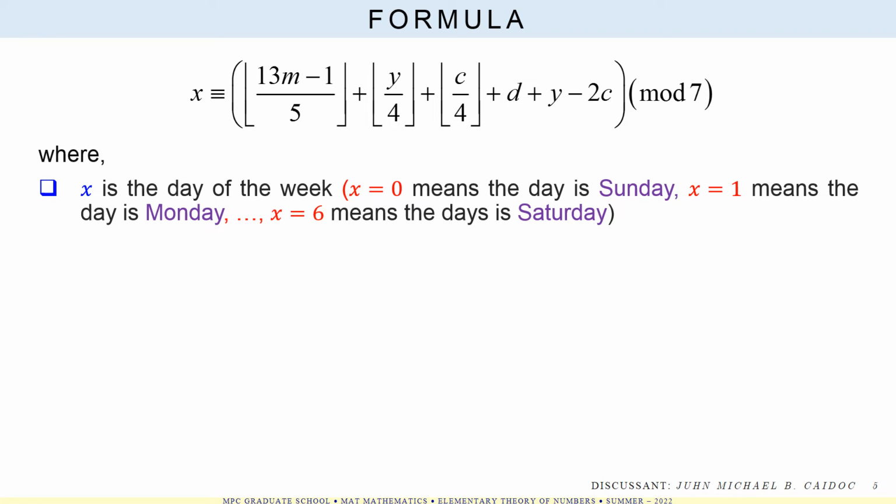X is 0 means the day is Sunday. X is 1 means the day is Monday. Up to x is equal to 6 means the day is Saturday.